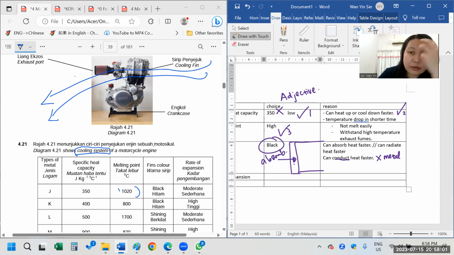Radiate means it release out. That's very good. So the cooling fin will absorb the heat from the engine and release it out, means radiates out faster.